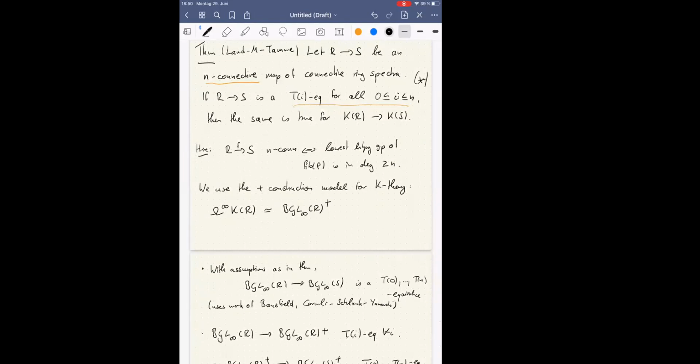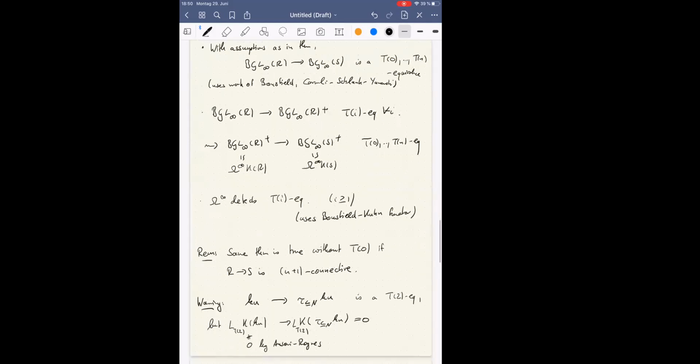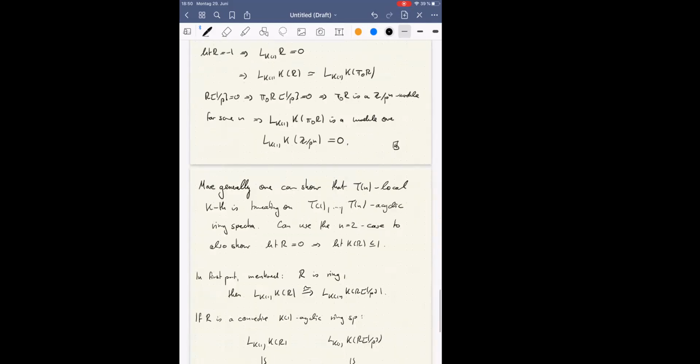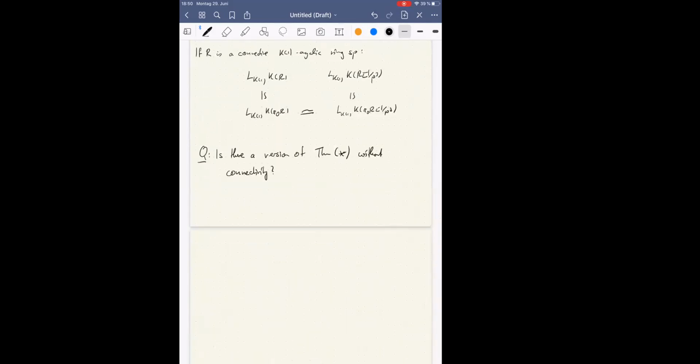And we actually don't think we have a good counterexample showing that this is totally necessary, if we're talking about Ti equivalence for i bigger or equal to 1. Let me formulate a more precise version of the question.